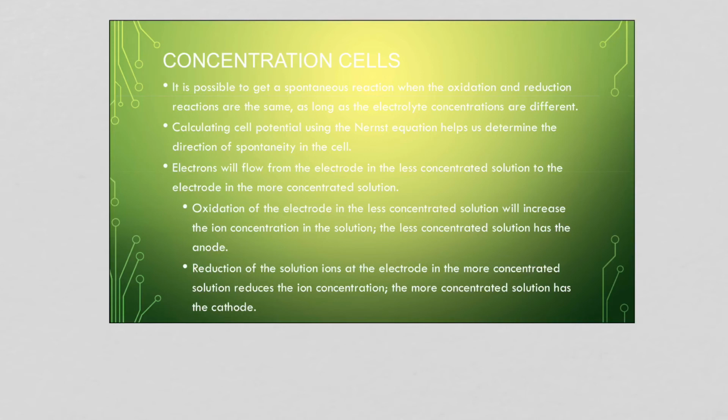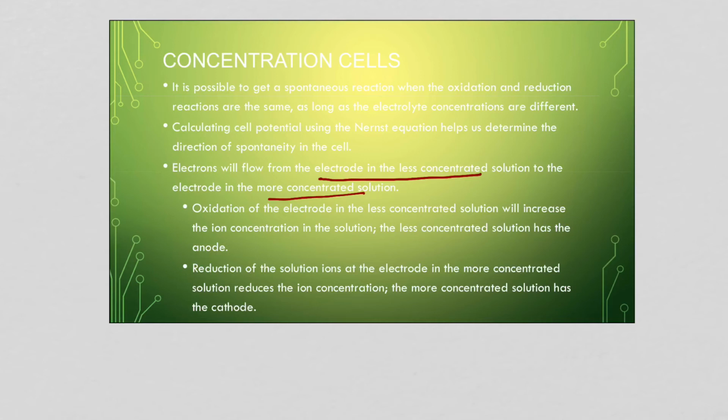Now, generally speaking, electrons, as we saw, will always flow from the less concentrated electrode solution to the one that is more concentrated, right? As we saw in what we were just looking at, electrons flowed from where we had the lower concentration, that functioned as the anode, to where we had the cathode.